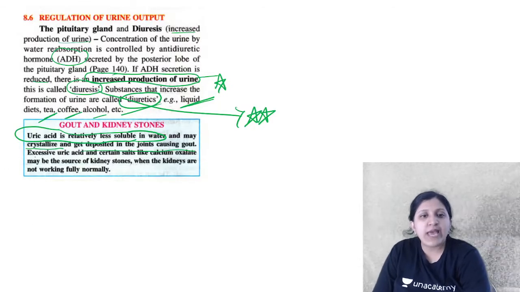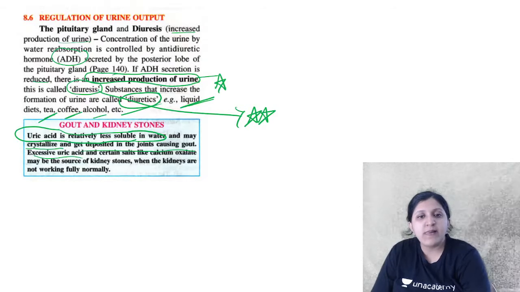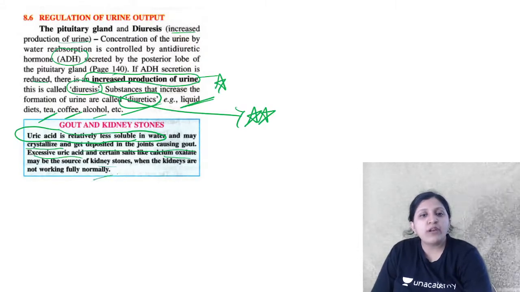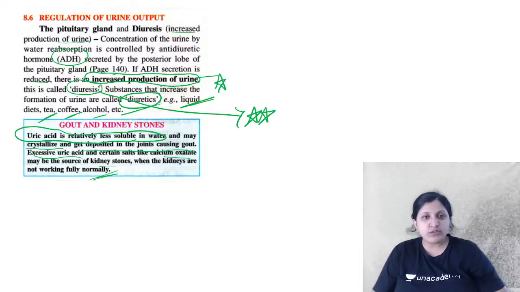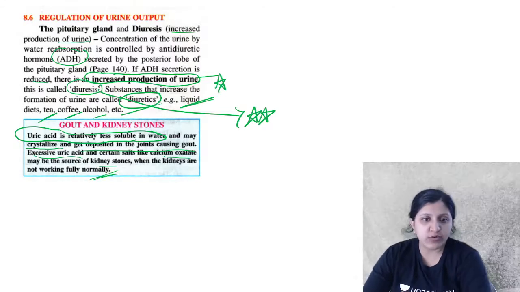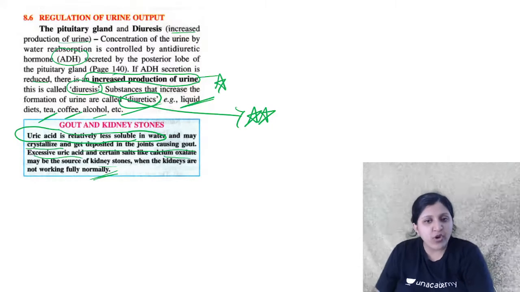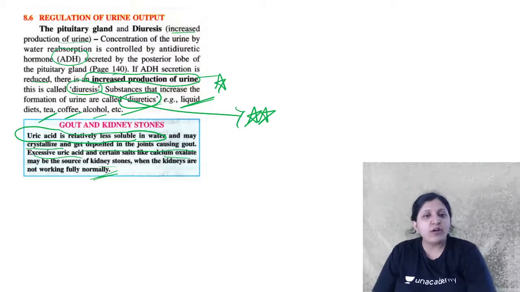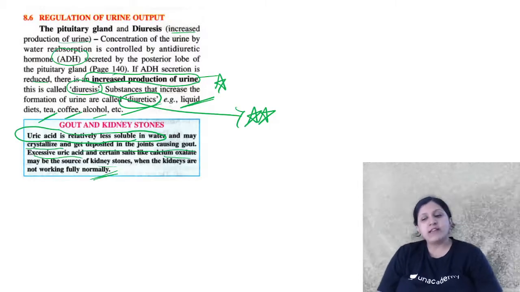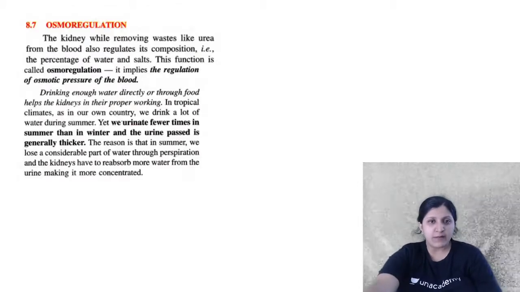In those cases there is excessive uric acid and certain salts like calcium oxalate, or another source of kidney stones, when the kidneys are not working fully normally. Uric acid accumulates at the joint because it is less soluble in water, and it will crystallize and get deposited there.